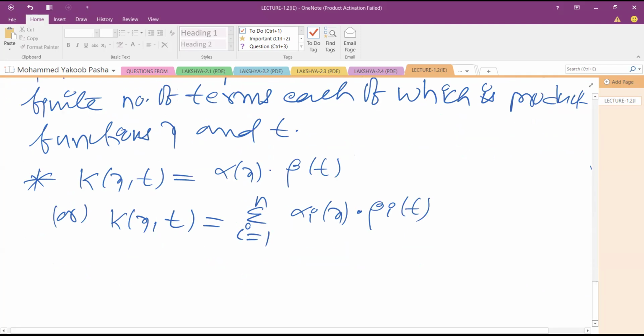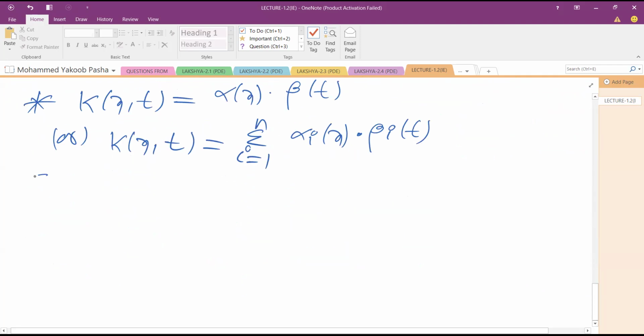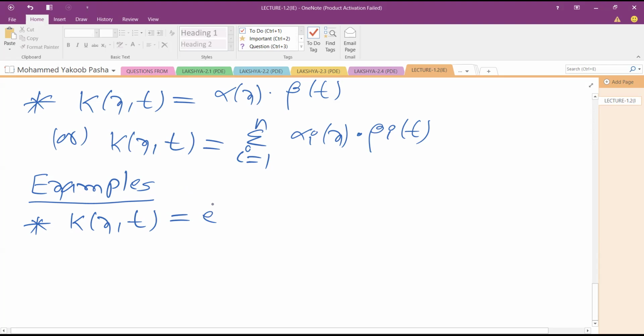Okay, we can see examples to identify which kernel is separable or not. First I am taking one kernel, that is k of x comma t is equal to e to the power of x minus t. Okay, this is my kernel. So this can be written as e to the power of x into e to the power of minus t.